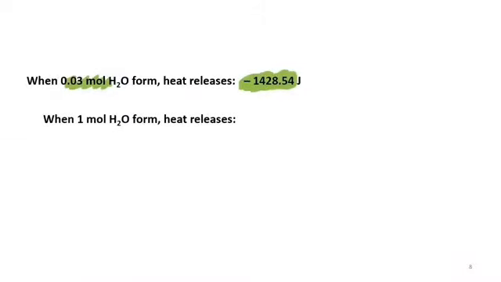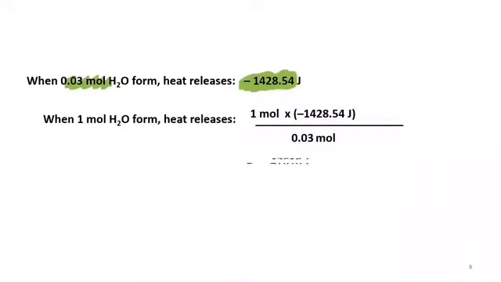So, if we have 1 mole of water form, so kita akan kira 1 multiplied by the energy release divide by 0.03 mole. So, akan dapat negative 47,618 joule.